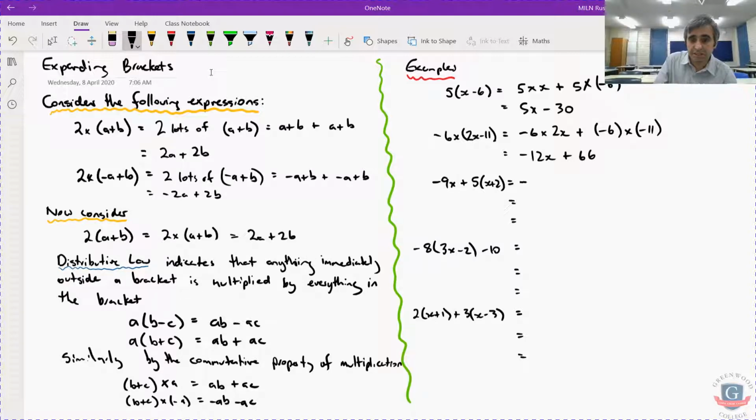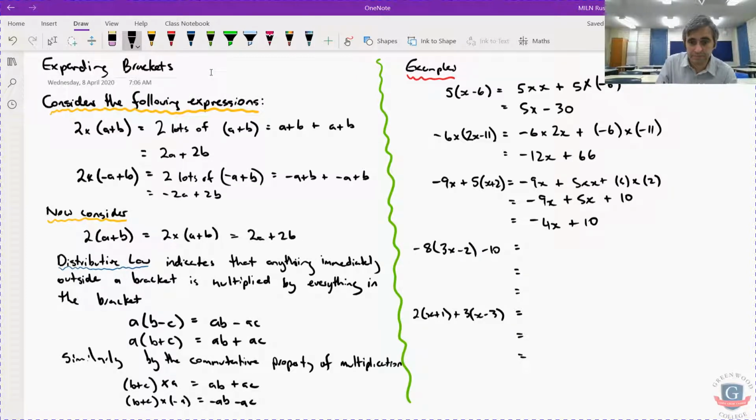Same thing here, negative 9x on its own, plus 5 times x, plus 5 times 2, but I didn't need those brackets, but I've done them anyway, is negative 9x plus 5x plus 10. Negative 9 plus 5 is negative 4x. Plus 10.